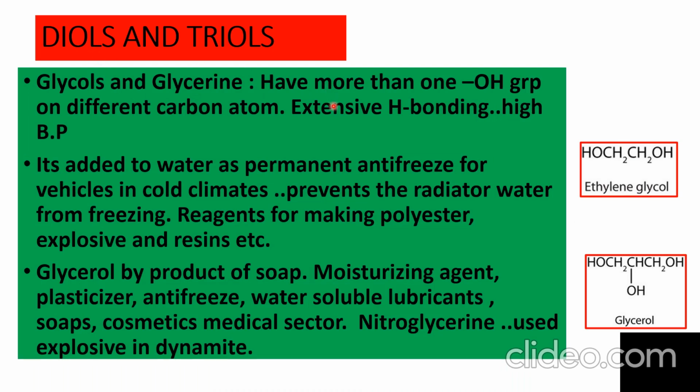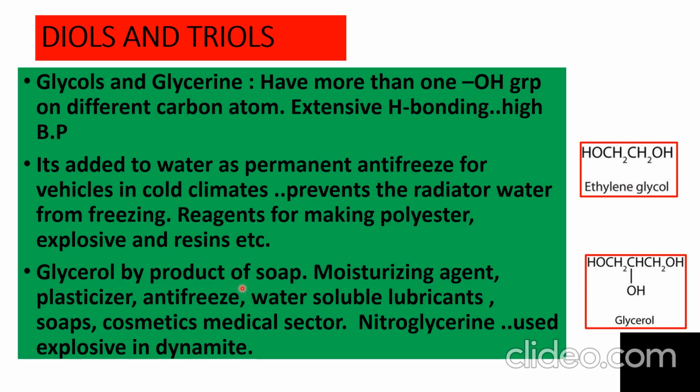Diols and triols also have many applications because they have more hydroxyl groups on different carbons, so they have more extensive hydrogen bonding. Glycerol is used as a permanent antifreezing agent in cold climates. It prevents the radiator from freezing, and it is also used for making polyester, explosives and resins.